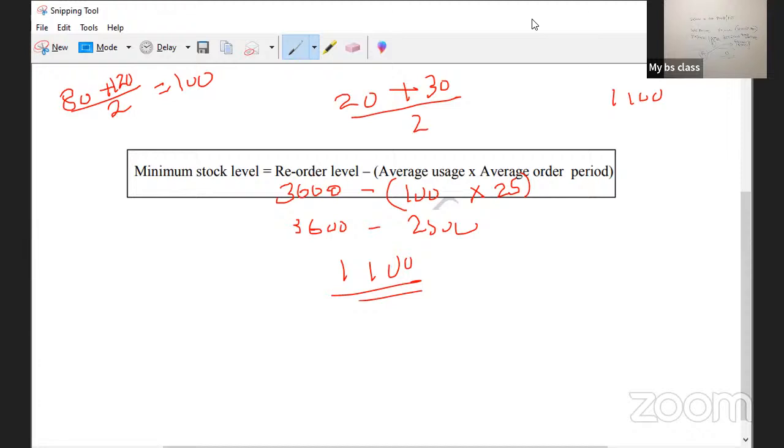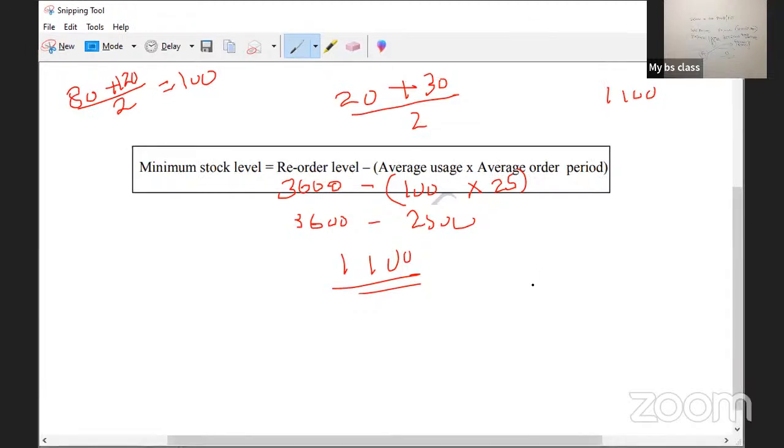Now let's double check our answer. We have 3,950, so we can get an idea. We are pretty sure about that. If the minimum stock level is 1,001, let's assume the maximum stock level is X. So minimum plus maximum, and we have to divide by 2.